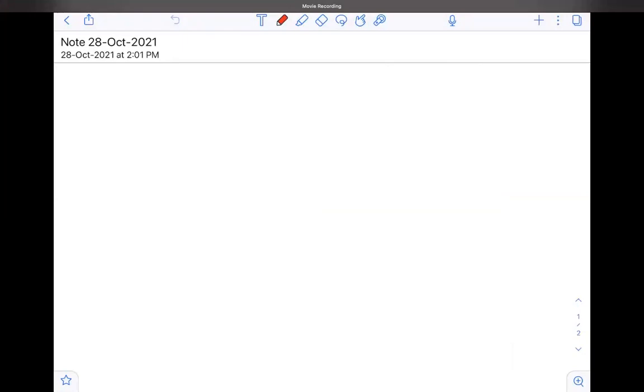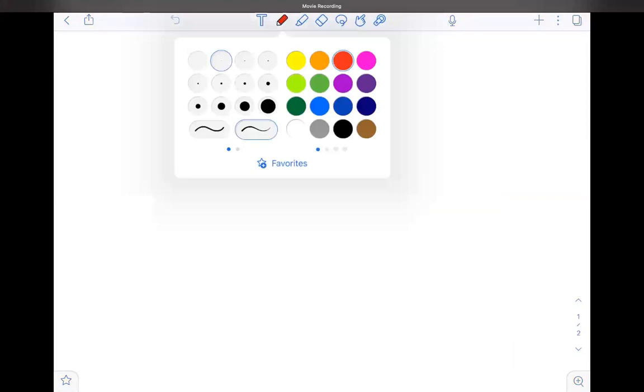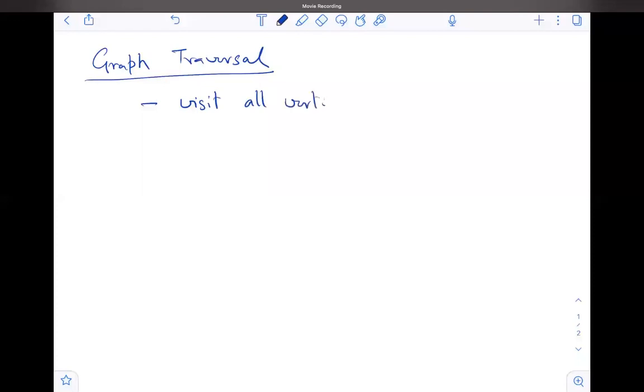So what did we do till now? We were basically doing graph traversal. All that we have to do is visit all vertices. That's all that we are supposed to do.